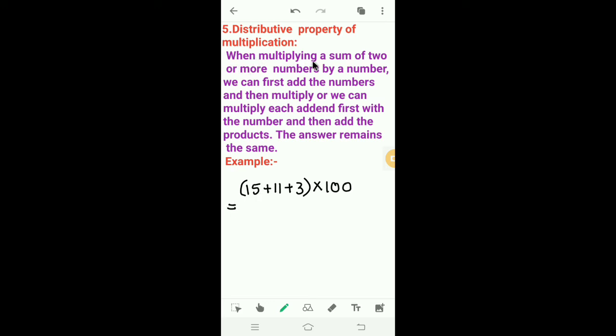When multiplying a sum of two or more numbers by a number, we can first add the numbers and then multiply.